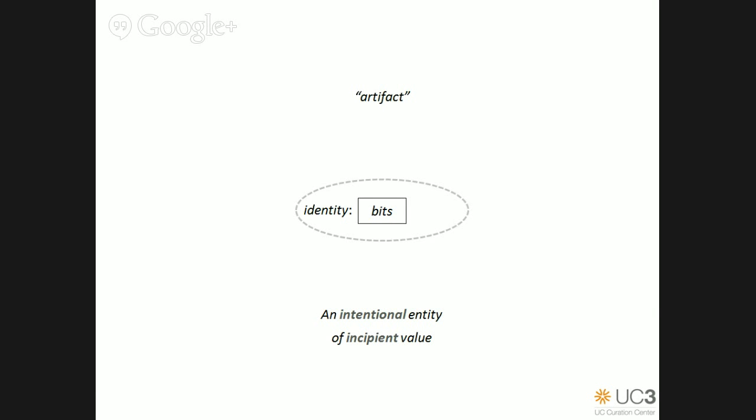Until we have that identity, we have nothing tangible that we can really get our hands on and use as the focus for further curation. So we would call a digital artifact an intentional entity, created through an explicit act of commission. But since at this point it is still both syntactically and semantically opaque, I would say that it is of only incipient value.